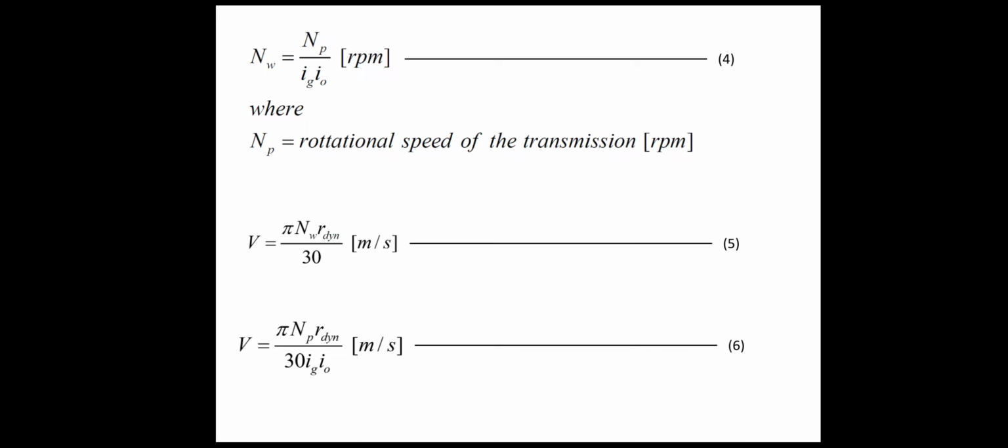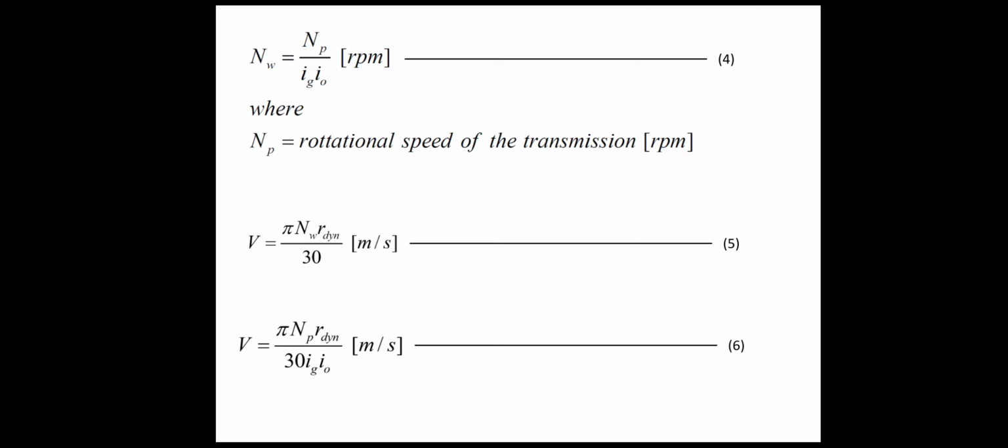The translation speed of the vehicle, or wheel, is expressed as V is equal to pi Nw R dynamic divided by 30.